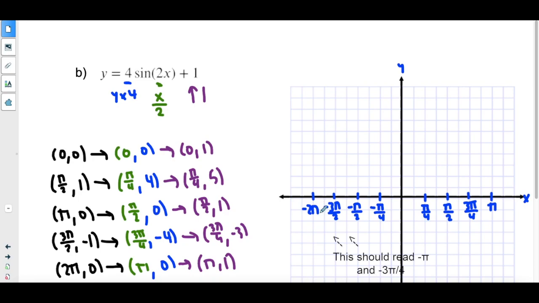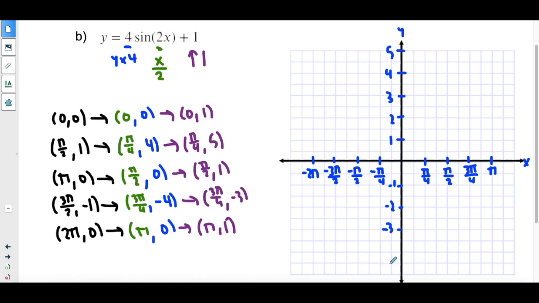All right. And my y values, I'm going to go up by 1. And now all I need to do is plot my points.